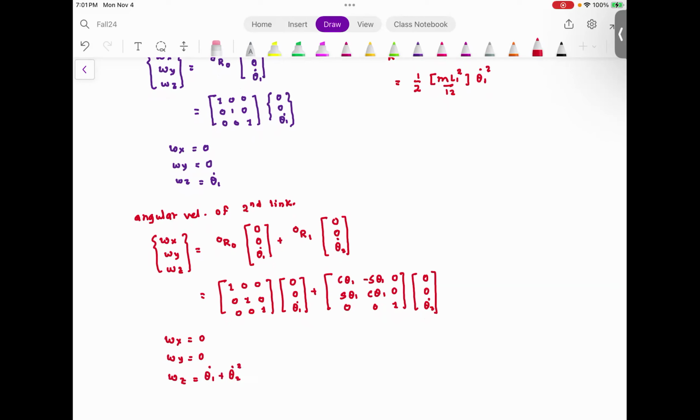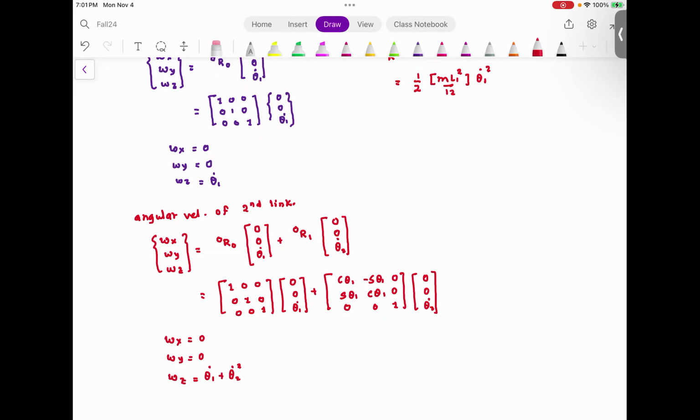Now what does that mean? We derive the same expression. So you have link number 1 and link number 2, and both these links are rotating about z. The angular velocity of the first link about the z-axis is theta 1 dot.